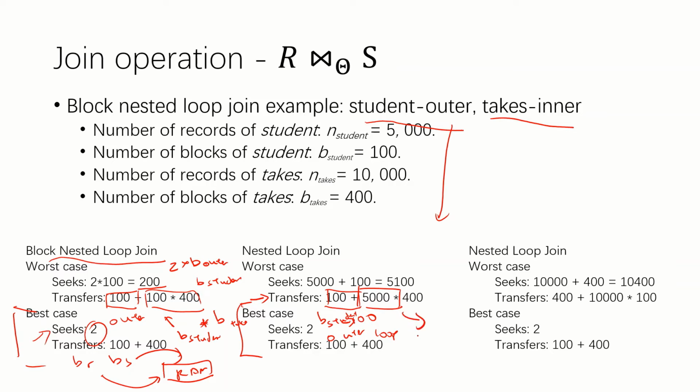Inner loop will be my number of records of my students multiplied by my number of blocks of my takes. So this will be the number of transfers that I require. Okay? Because every single time I access the tuple in my outer loop, I need to go through all my blocks of my takes. So which is why I have the number of tuples, which is 5,000, multiplied by number of blocks, which is 400 over here.